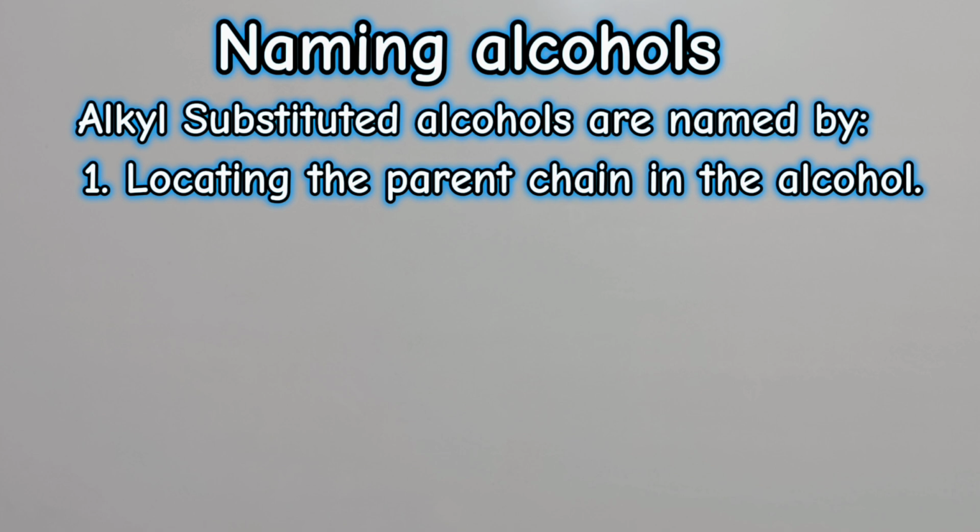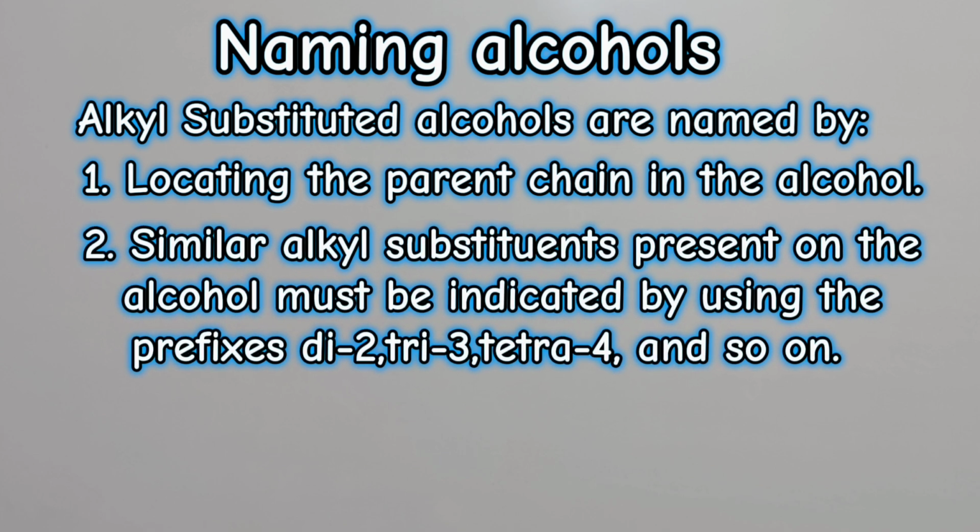The second guideline is that if there are similar alkyl substituents in the alcohol, we must indicate these similar alkyl substituents with prefixes: di, implying 2 similar alkyl substituents, tri, implying 3, tetra, implying 4, and so on, as derived from Latin.